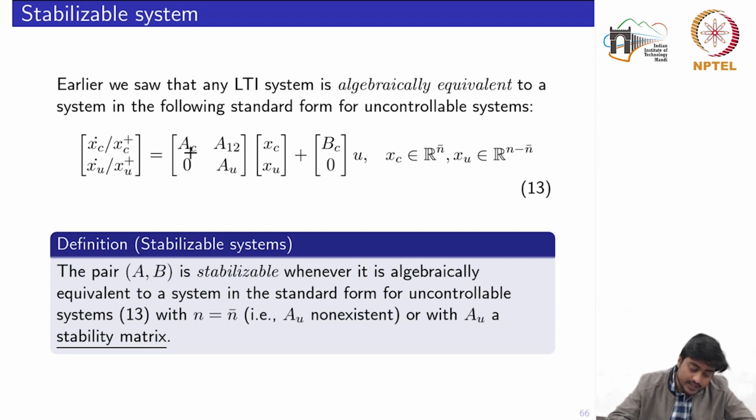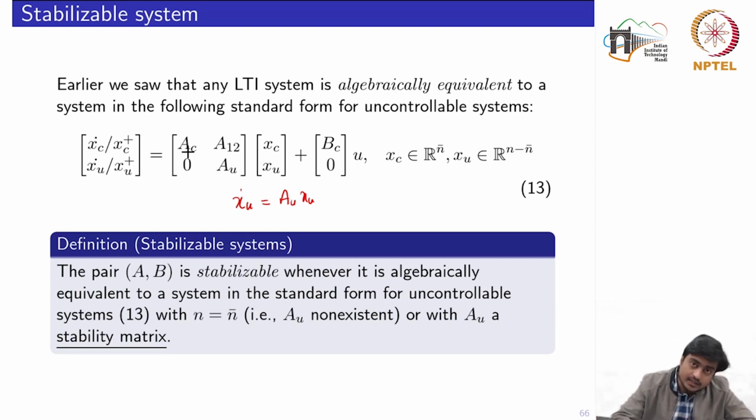the dimension of this AC matrix is n bar cross n bar, and this XC is the controllable states. Now XU is the uncontrollable states. So if I write the equation for the uncontrollable mode, it would be XU dot equals AU XU, and this is nothing but your homogeneous system which is not at all influenced by any input.